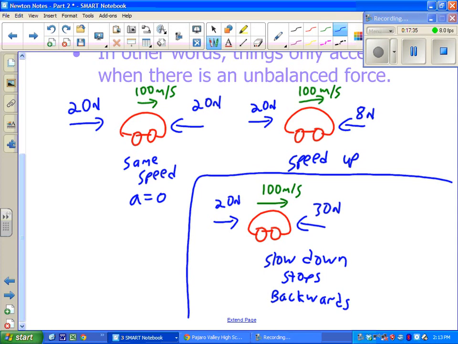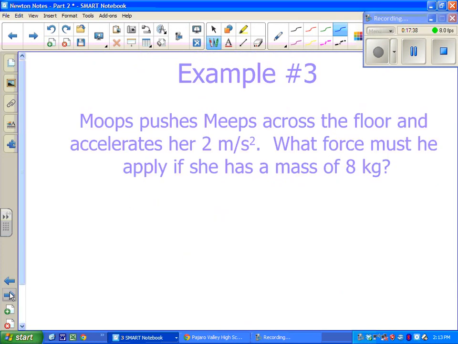All right, so I hope that makes sense. Let's look at an example. Moops pushes Meeps across the floor, accelerates her 2 meters per second squared. What force must he apply if she has a mass of 8?